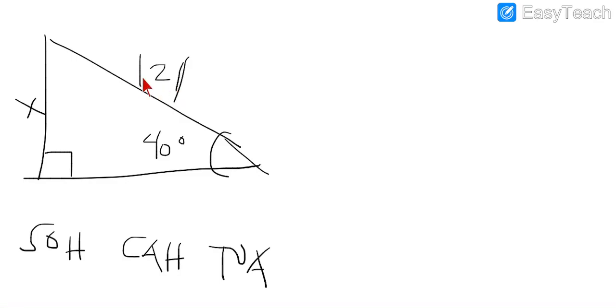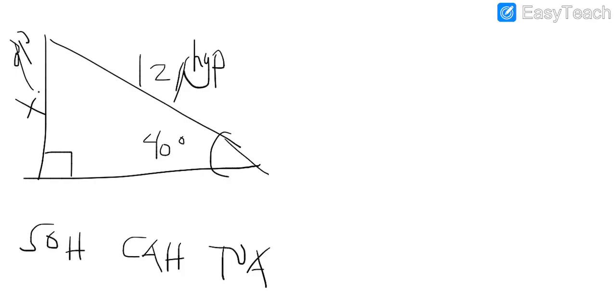12 here is the side opposite the right angle. So it means this is the hypotenuse. Next, we have our angle, 40 degrees, and this side is opposite to 40 degrees. So we have x as the opposite side.